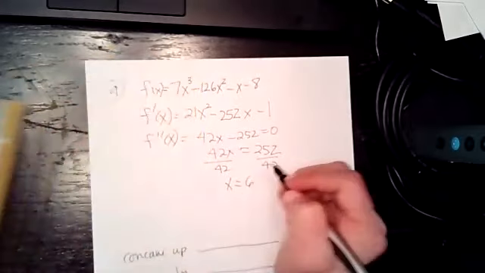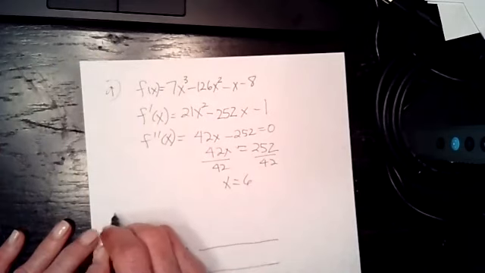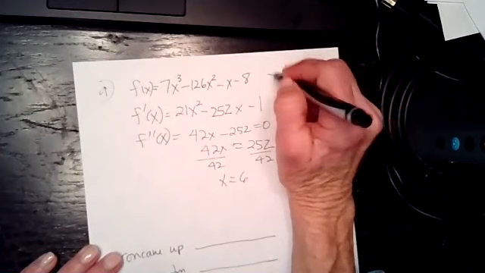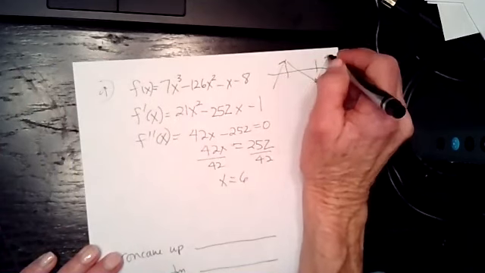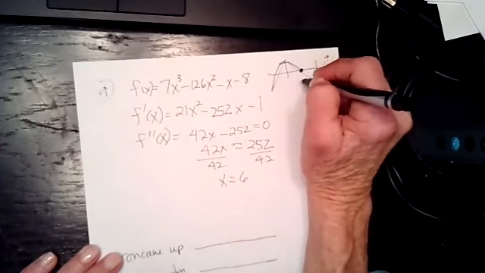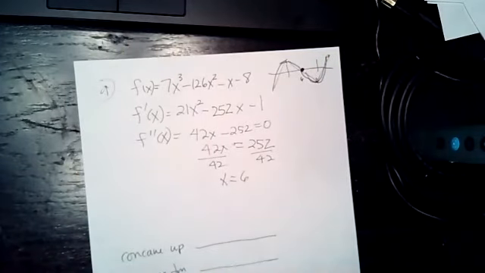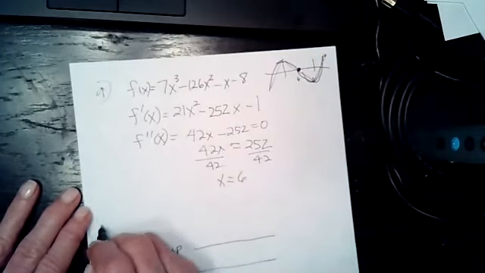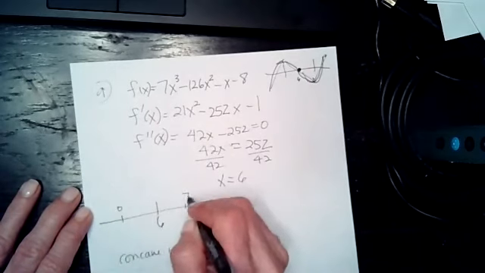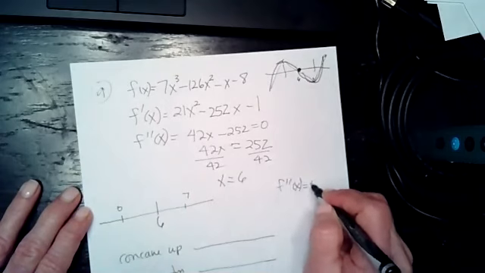6. Okay. So if I'm going to make my sign chart, just saying that if I know this goes up, down, up, right, then I know I'm going to be concave down to that 6 right there, and then I'm going to be concave up. So I could save myself some work, but let's do the work. Let's make a sign chart. There's my 6. I'm going to pick 0 and 7, and I'm going to plug it into my second derivative.